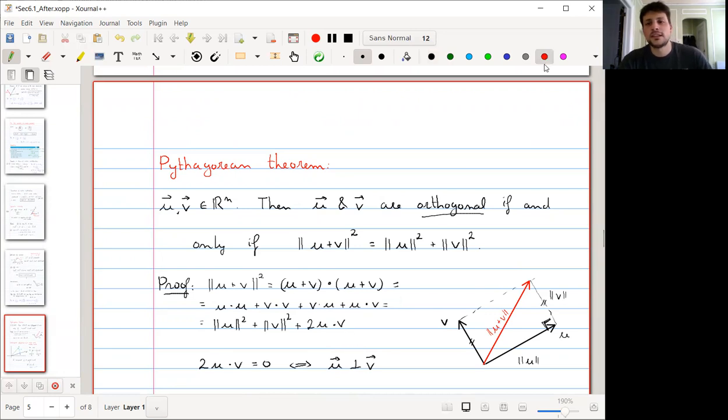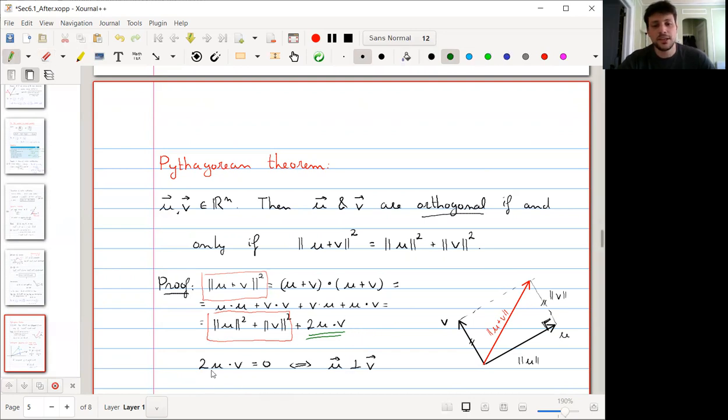So you see that the quantity norm of u plus v squared is equal to the norm of u squared plus the norm of v squared if and only if this amount here, 2 times u dot v, is equal to 0.